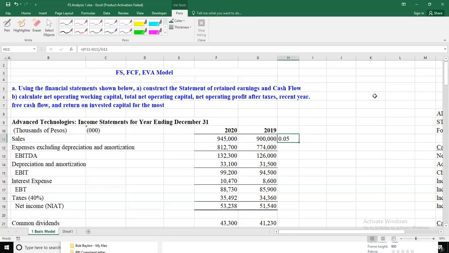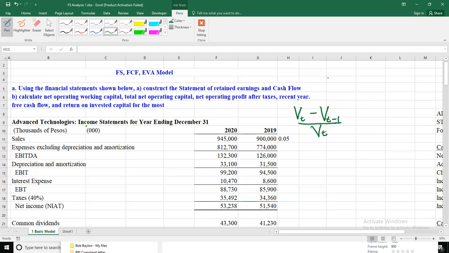Okay? That's 5%. So in general, guys, what is the formula for the growth rate? Let's use what Mark mentioned. It's the value at time t minus the value at time t minus 1, the previous, over the value at time t minus 1. Sorry, I was wrong, it should be t minus 1, the previous, our basis. Okay? So that's the correct answer.